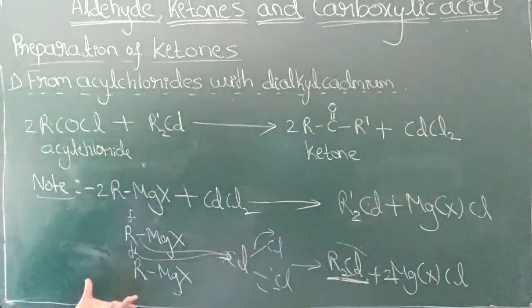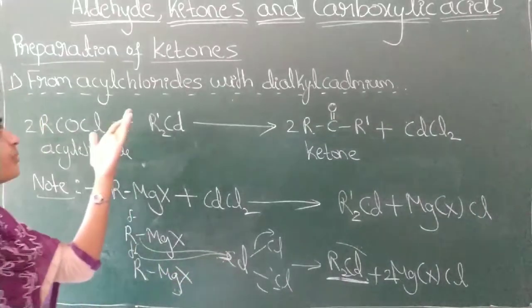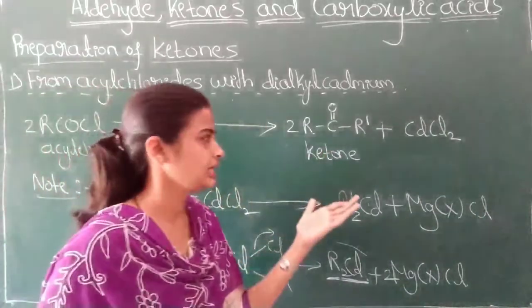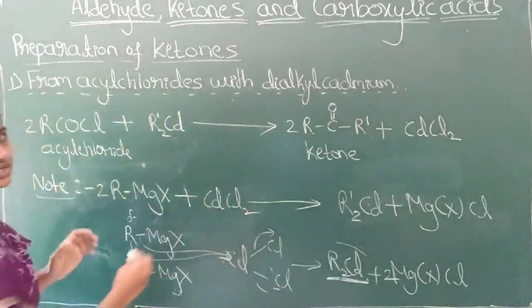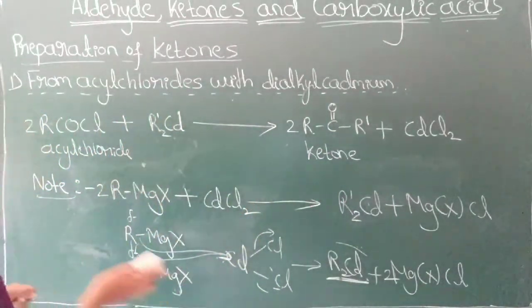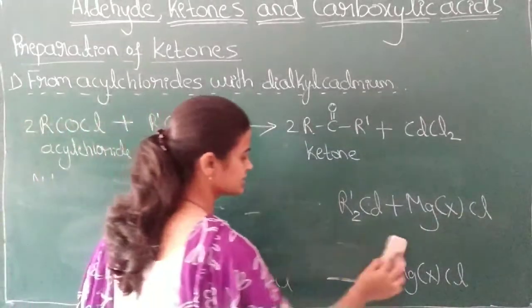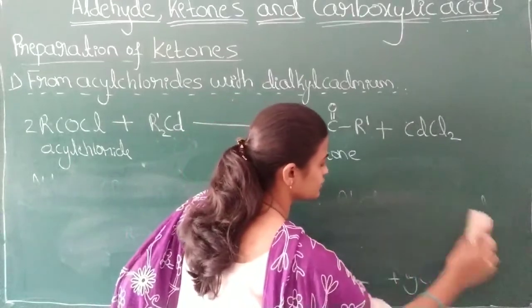You can write this as a note, because if they ask how ketones are prepared by using acyl chlorides, you need not write this reaction. But I told how the dialkyl cadmium is prepared. Only the above reaction that I have written, you should remember.